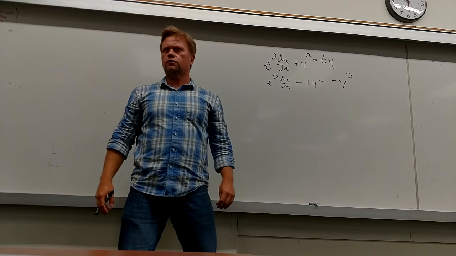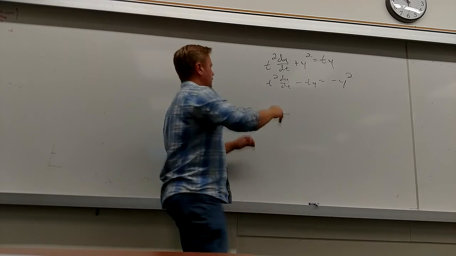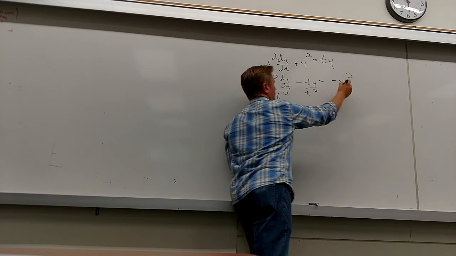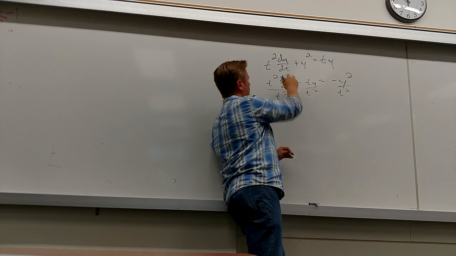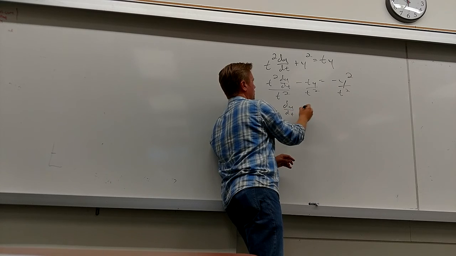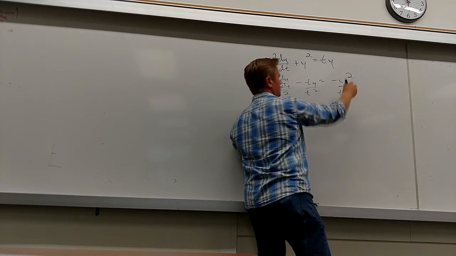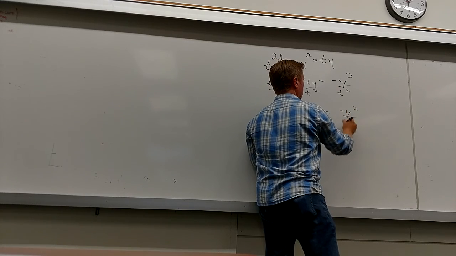And then what do I do? Divide by t squared. If I divide by t squared, I'll get dy dt minus y over t equals negative y squared over t squared.